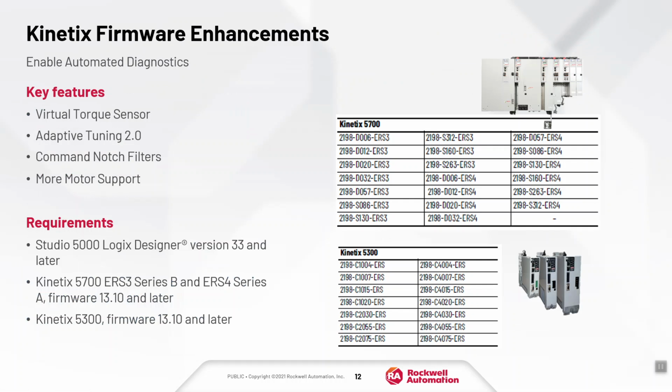And in doing so, we will have added a couple of really important features to those products directly embedded in the firmware. The first one is our virtual torque sensor.